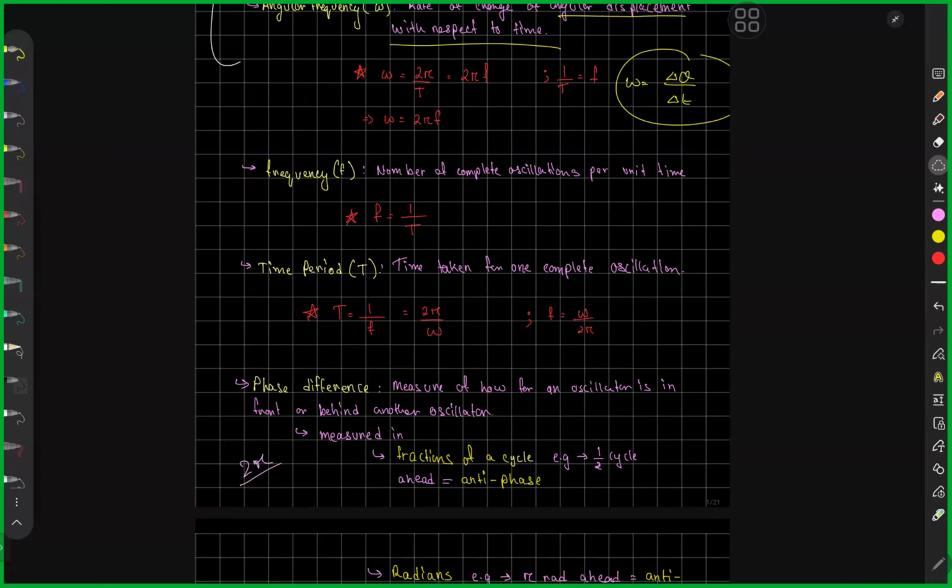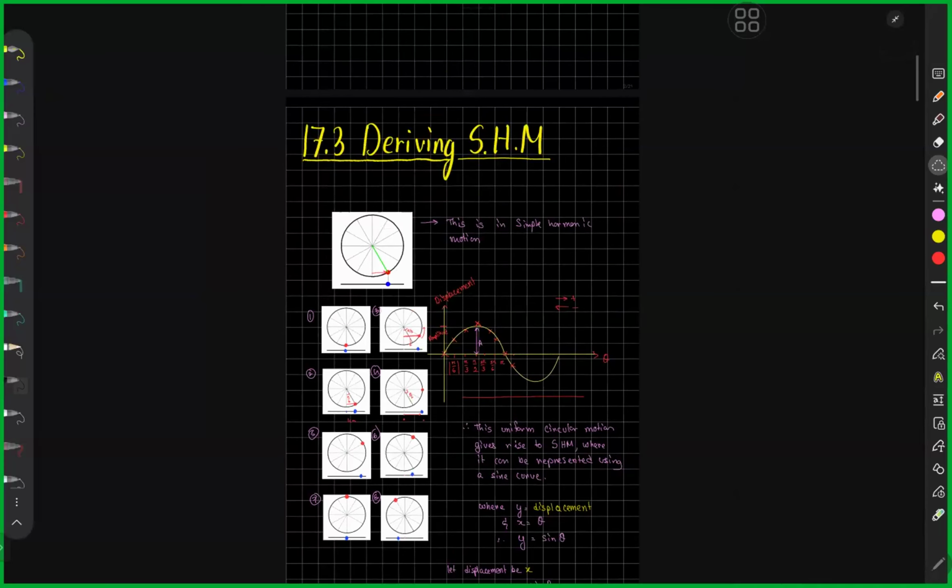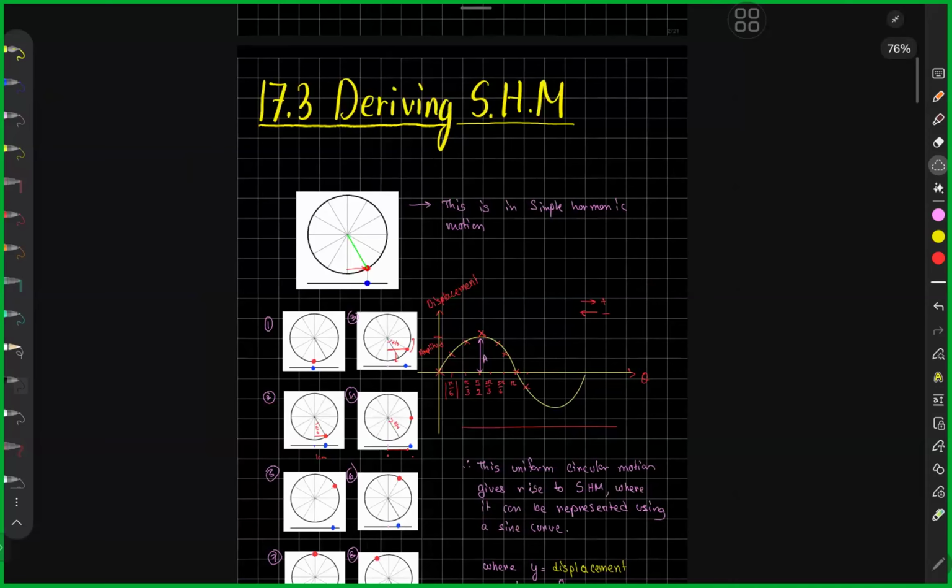But the interesting thing is you can model circular motion to oscillations, and I'll show you guys how we prove the graphs over here. So in some essence, we work with circular motion to prove simple harmonic motion.